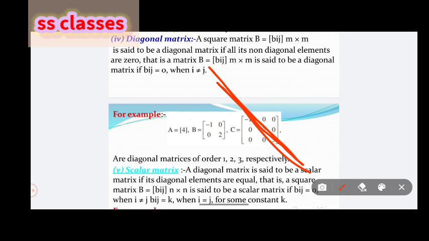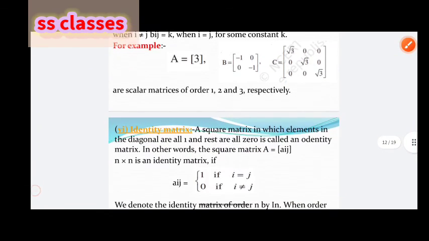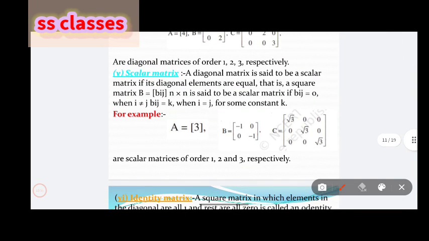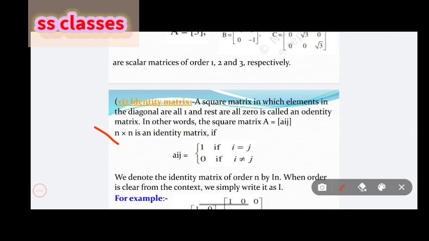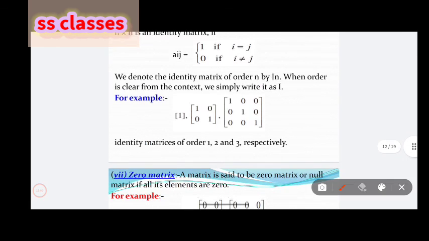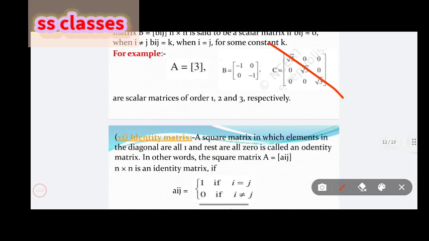A scalar matrix is also called a diagonal matrix, and an identity matrix is also a diagonal matrix because its diagonal is 1, 1, 1. For the scalar matrix, the diagonal is under root 3, under root 3, under root 3.